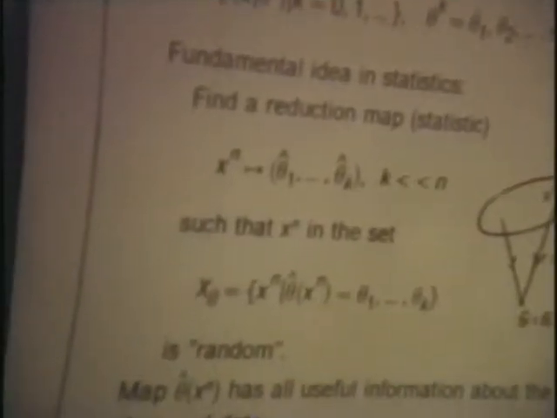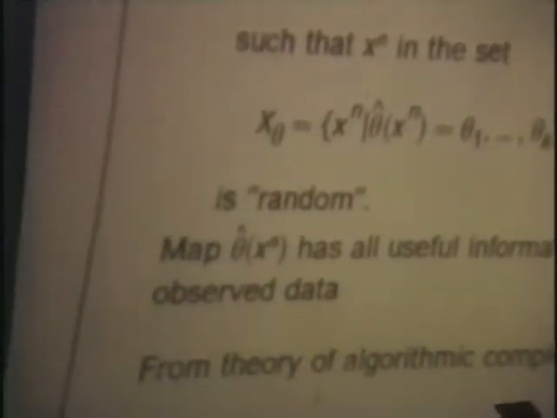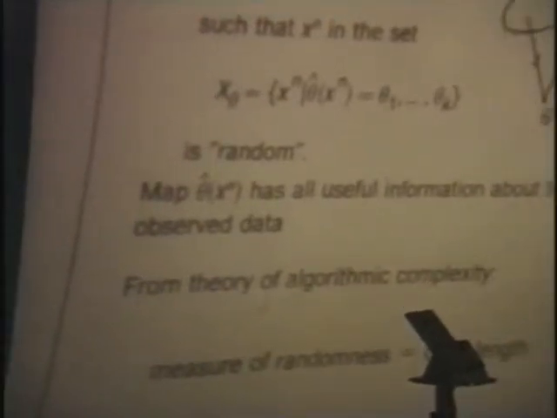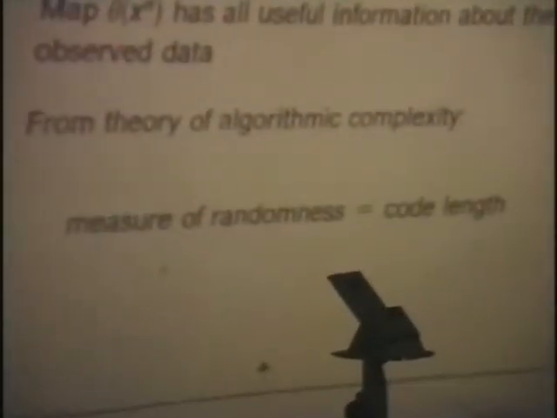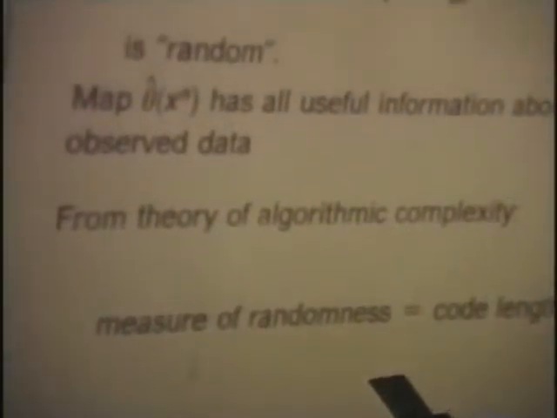And moreover you would like that statistic to be such that the data that gave rise to this handful of parameters would be random. If that were the case, then that map would have all the useful information about the observed data, be a sufficient statistic.